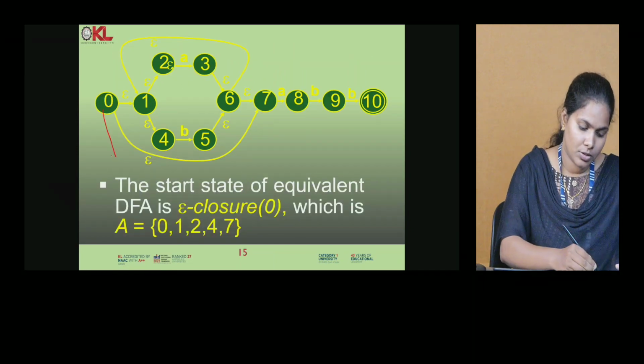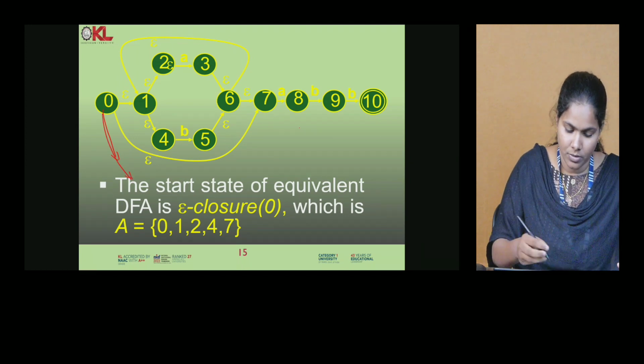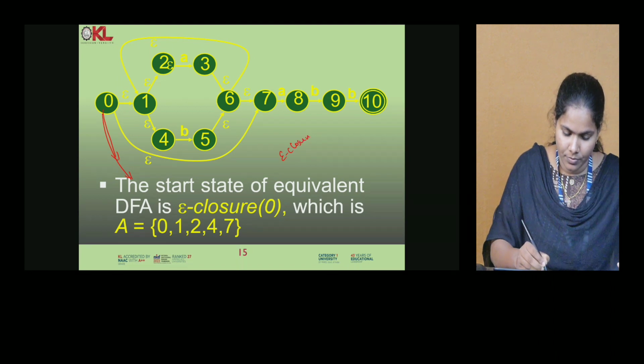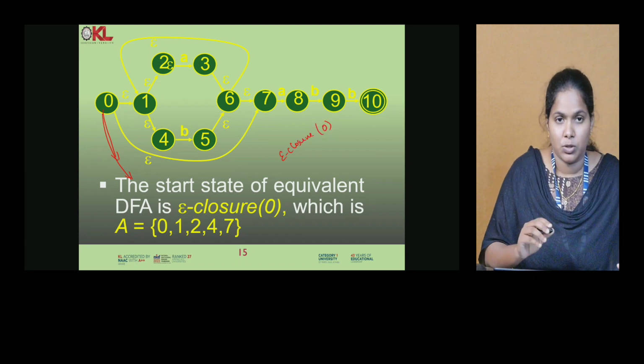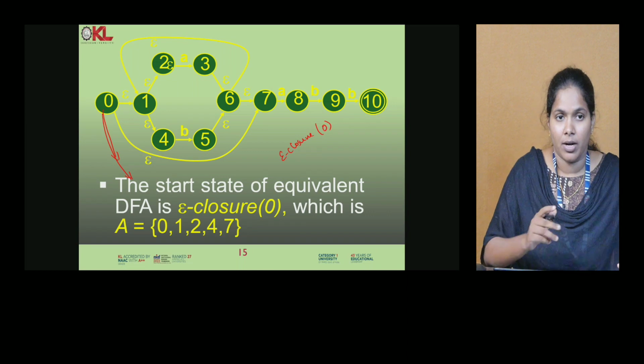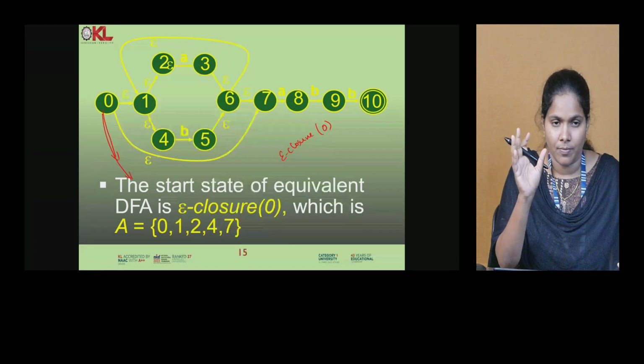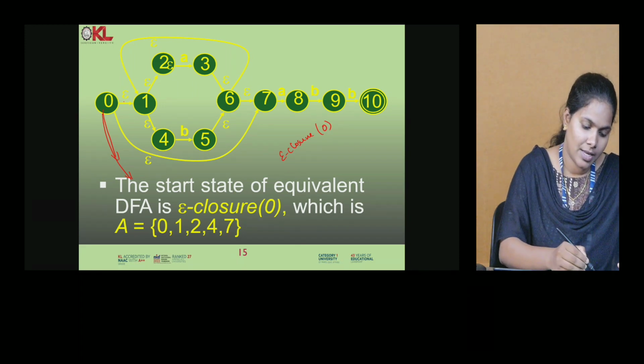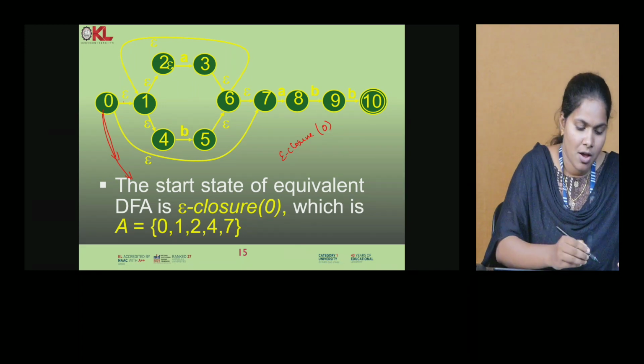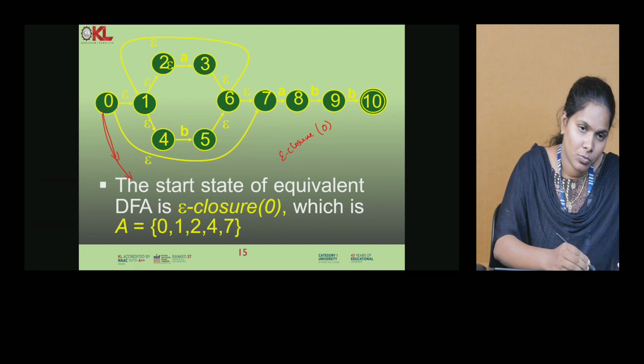Take the starting state and give the epsilon closure of 0. Epsilon closure of a state is nothing but the states reachable directly or indirectly through epsilon moves. From 0, what are the epsilon moves?